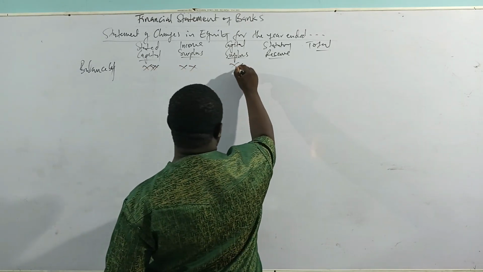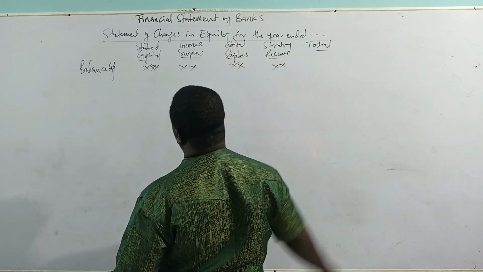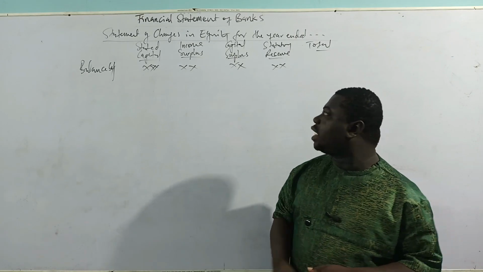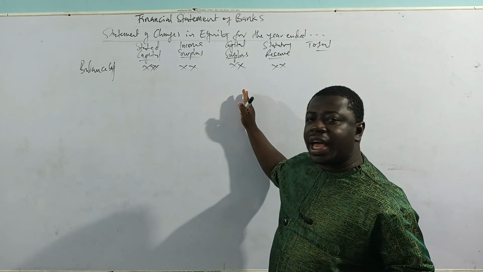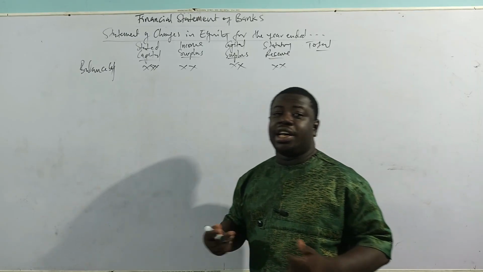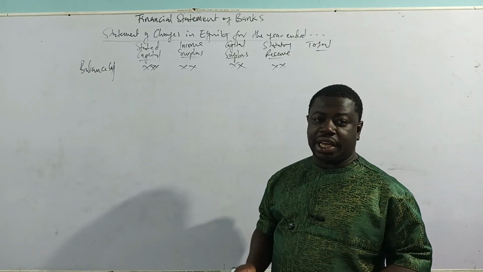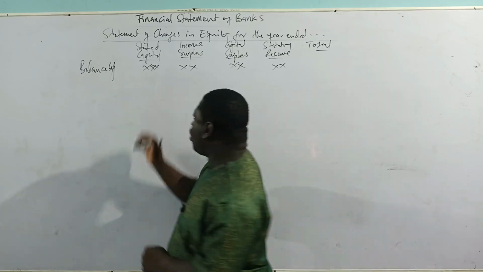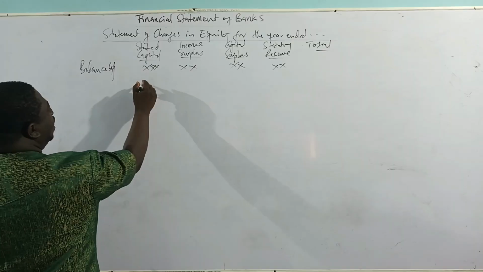It could be throughout, it could be for just a few or one or two of them only. Then after your balance brought forward or your opening balances, you can pick them one by one and examine how they have changed over the year. So we begin with the stated capital. You ask yourself, was there any issue of share, whether it is a direct issue, a bonus issue, or whatever? All issue of shares will increase the stated capital.